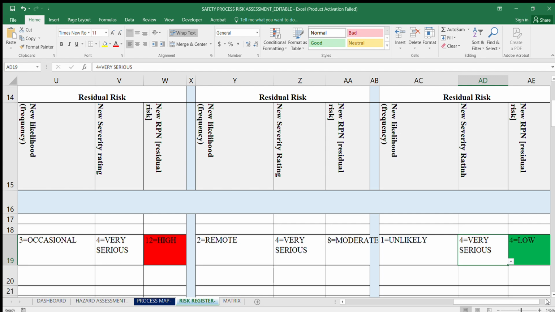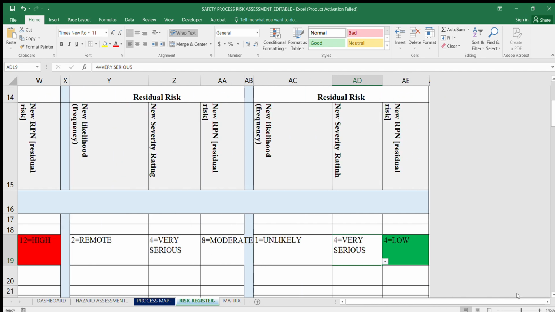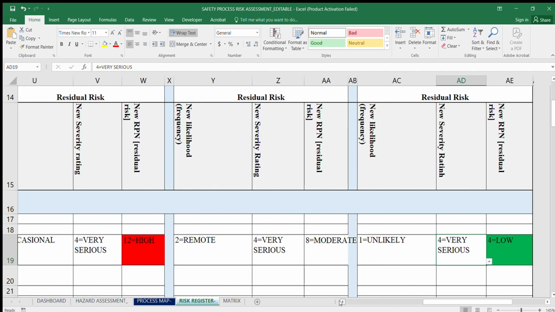Because if they're not working, you need to put up extra mitigations. And what we mostly want to achieve in risk assessment is all our risks being either reduced or eliminated. So maybe after another 3 months, you will need to come back and check. So you need to either open another register or you add on more columns to this particular risk register.